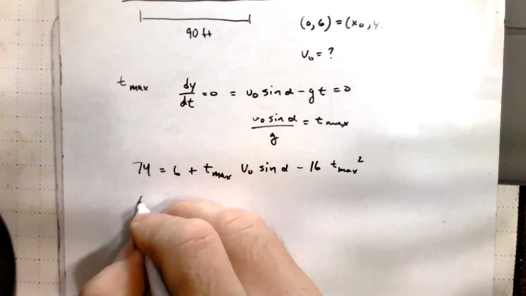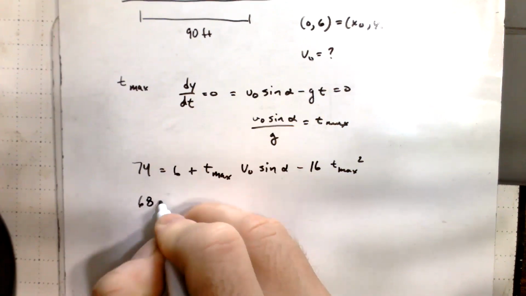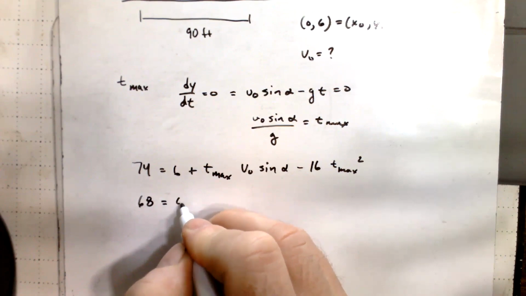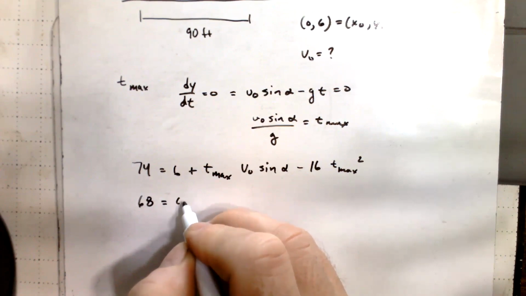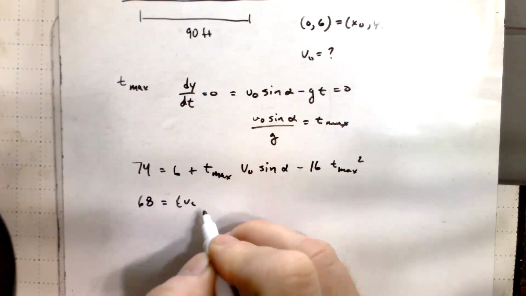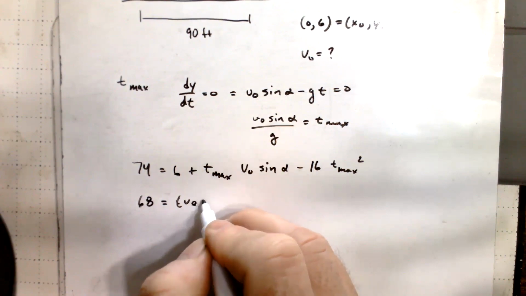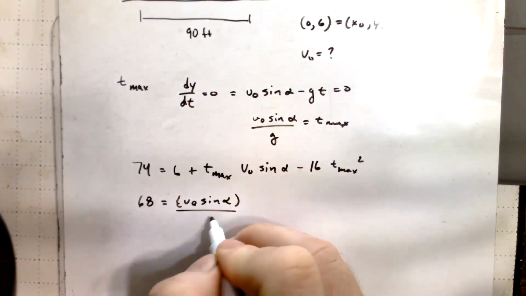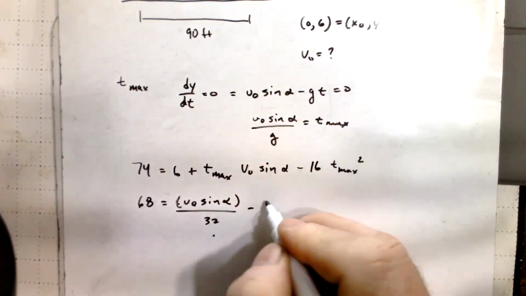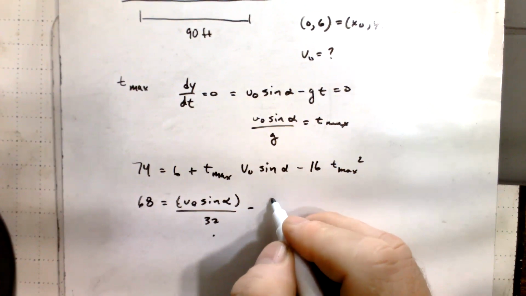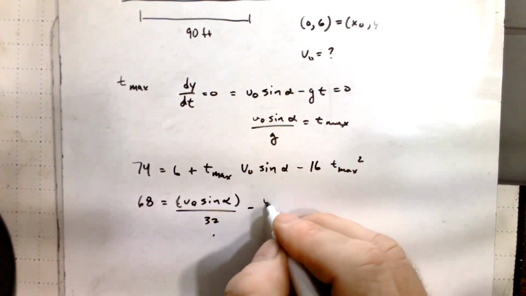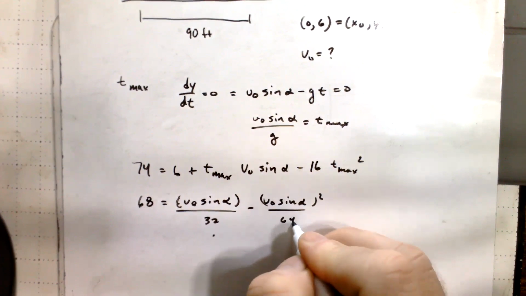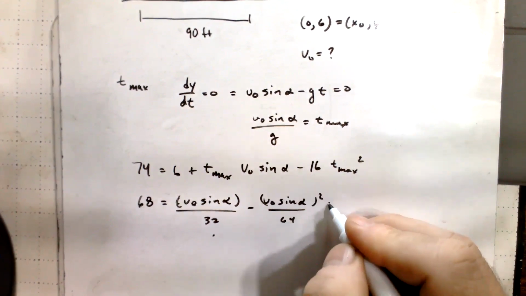Okay, so let's plug in the information and simplify. We're going to get 68 equals, oh actually, you know what, there's a common V naught sine alpha over 32 minus, interesting, V naught sine alpha squared over 64. Those subtract, leaving a half.